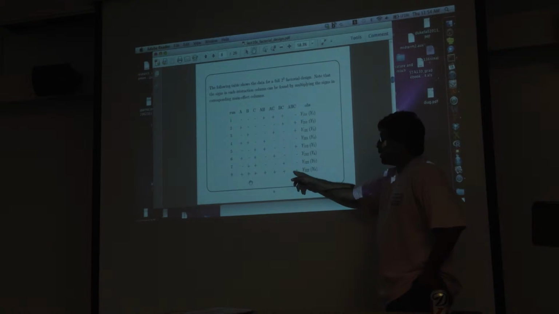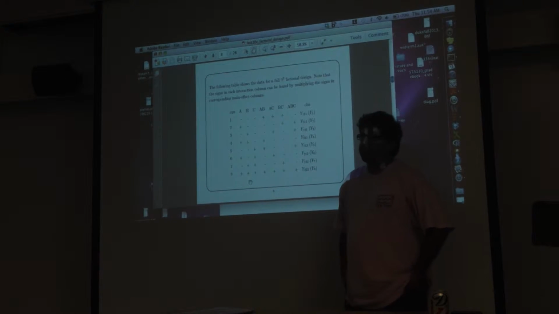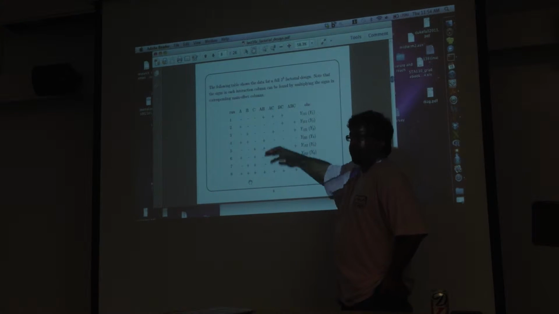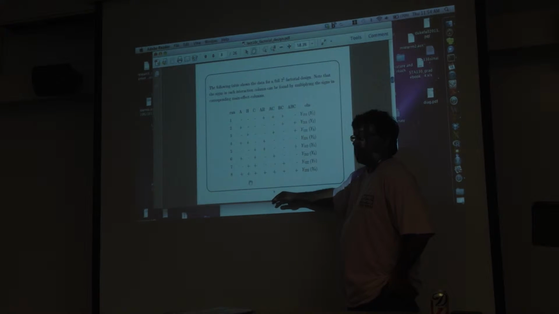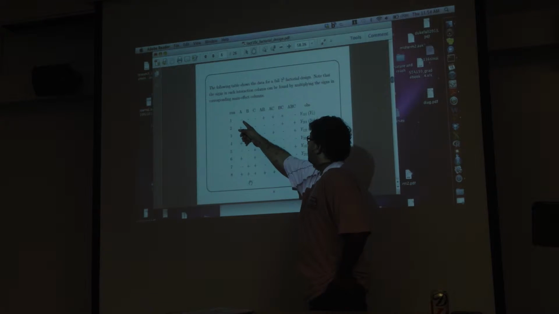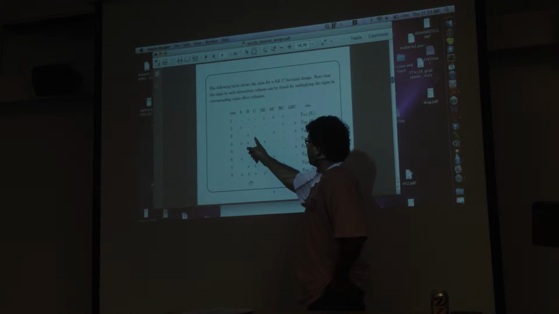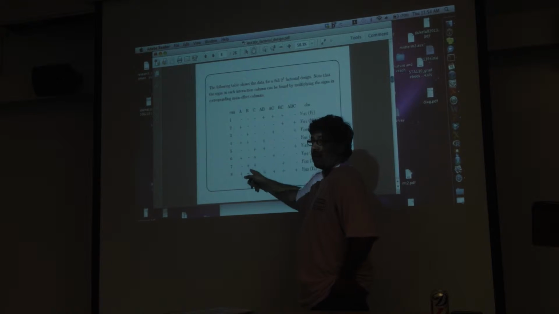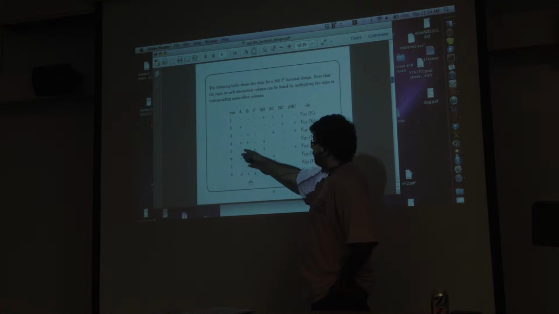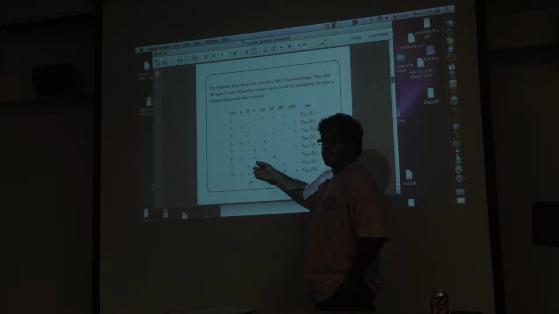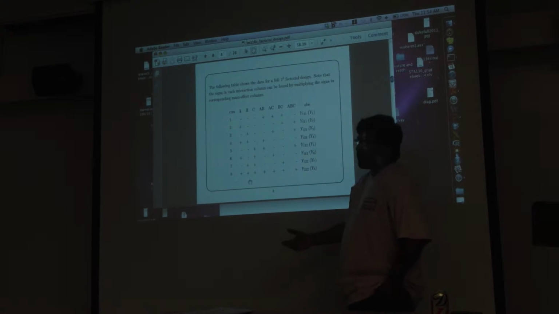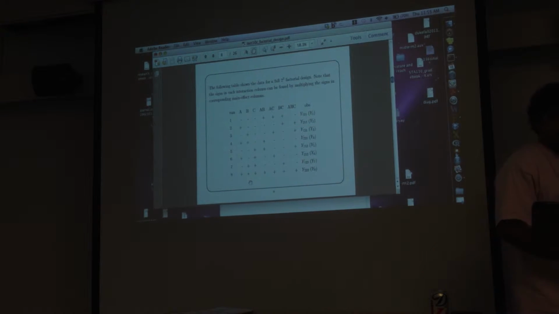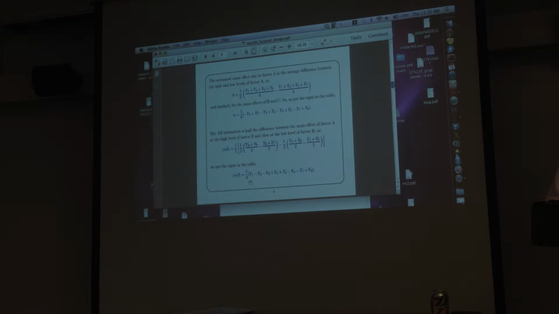There's a really good reason. You've got 8 runs. Look, it's 2 to the 3. We can fill out the whole table, right? We can look at all possible cases, ABC: minus minus minus, plus minus minus, minus plus minus, plus plus minus, and so on. We can look at all combinations of ABCs. Now the problem could be that if I had more factors, I couldn't look at all possible combinations.